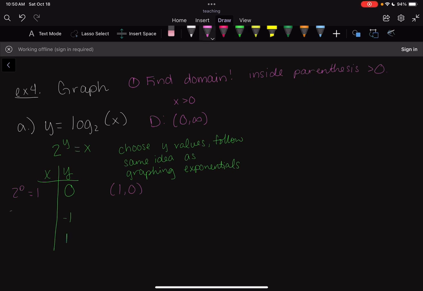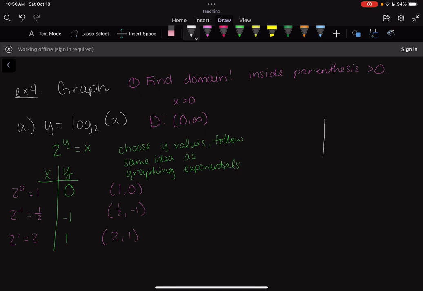And I'm just plugging in. So I get 2 to the -1, so that would give me a half. So this is the point (1/2, -1). And then if I plug in 1, I'm going to get 2. So this is the point (2, 1).